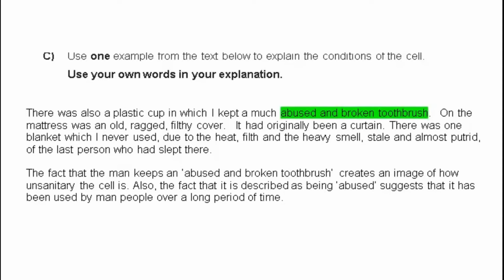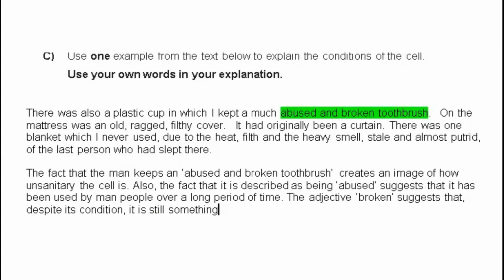What can we put? Let's look at that word broken. The adjective broken suggests that, let's put, despite its condition, it is still something that is worth keeping safe.